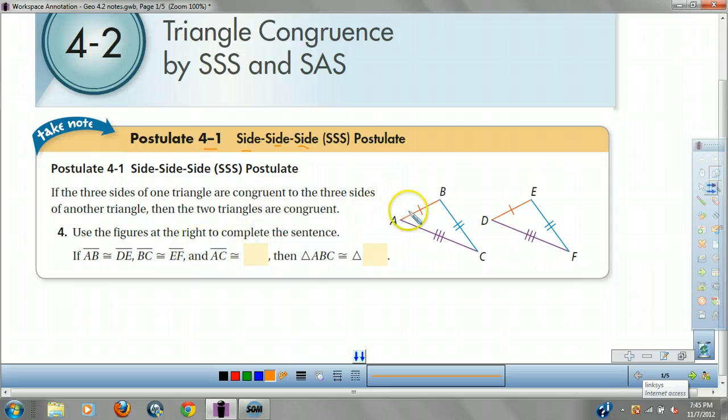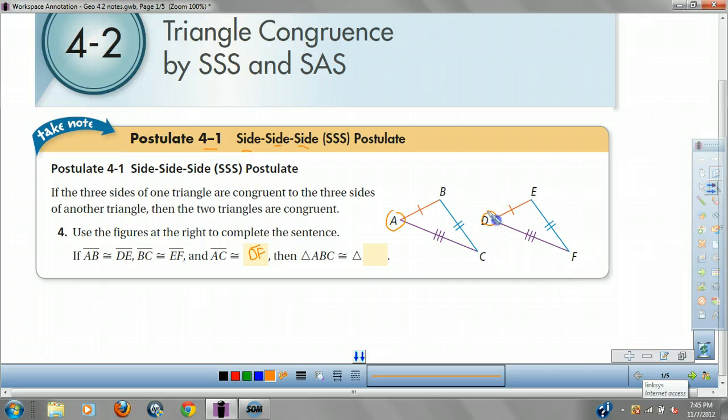So for example, if AB is congruent to DE and BC is congruent to EF and AC is congruent to DF, then triangle ABC is congruent to triangle, well no, we got to match these up.